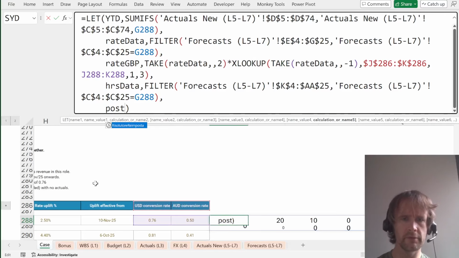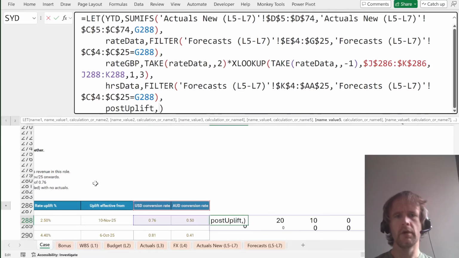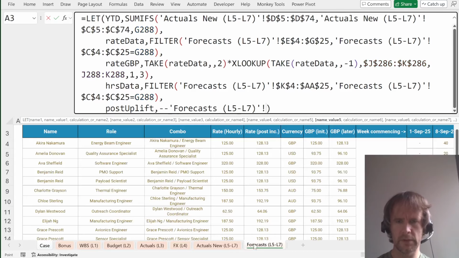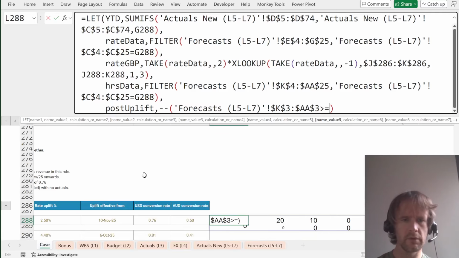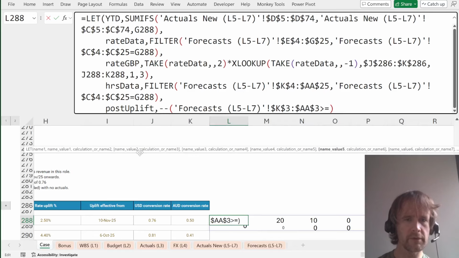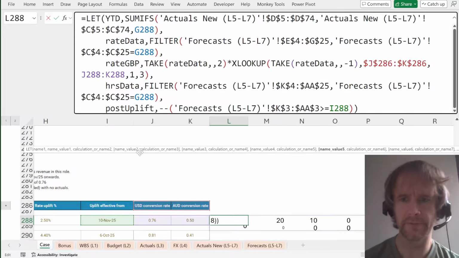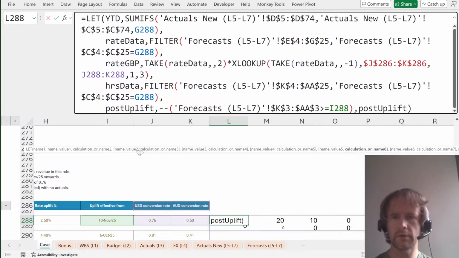Post uplift will be minus minus date range lock, sorry, bracket after minus minus is greater than or equal to the date here, which is I288. And show me post uplift.